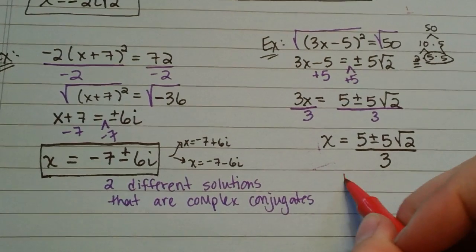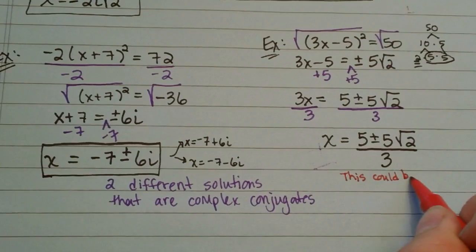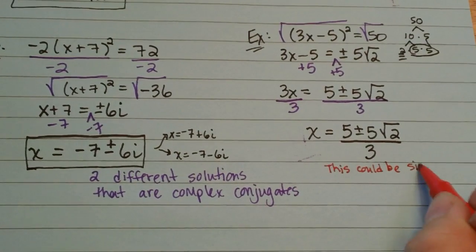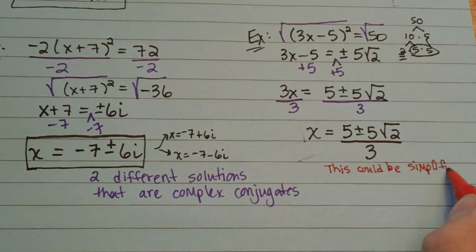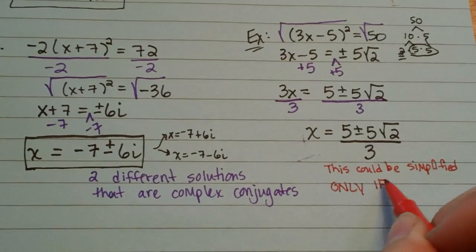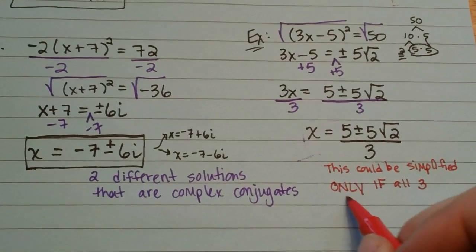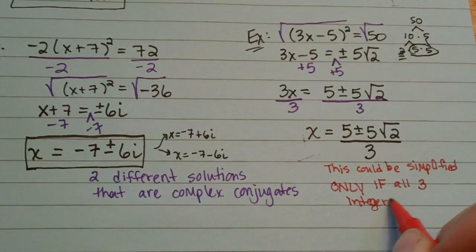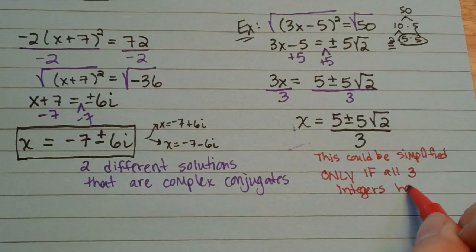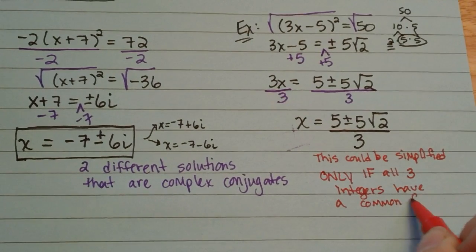So I'm going to just write a note that this could be simplified only if all 3 integers have a common factor.